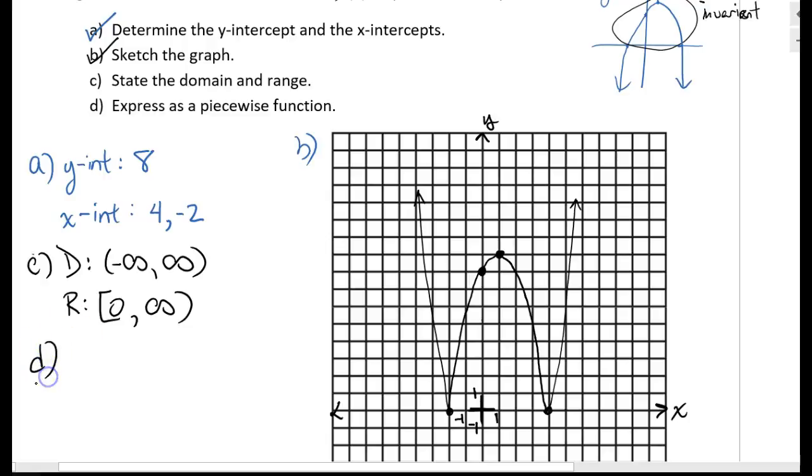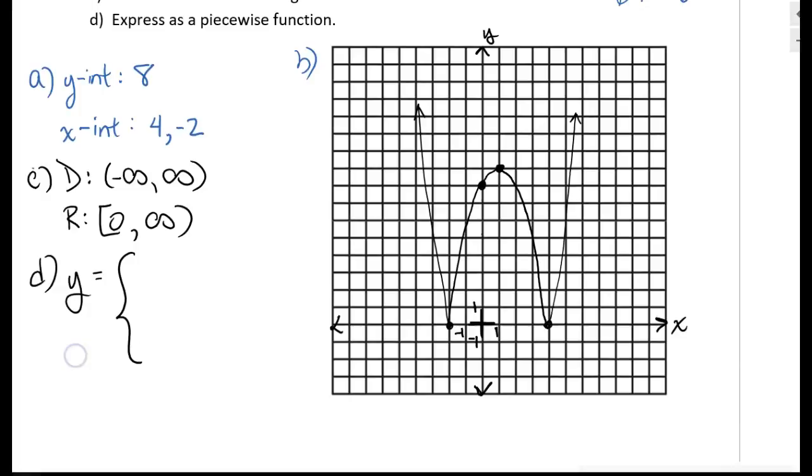Finally, state this as a piecewise function. So in our case, it was invariant in the middle. So when I go to write this, negative x squared plus 2x plus 8 is going to be if x is between, so I'm going to list negative 2 is less than or equal to x, is less than or equal to positive 4. So in the middle, that's where it didn't change.